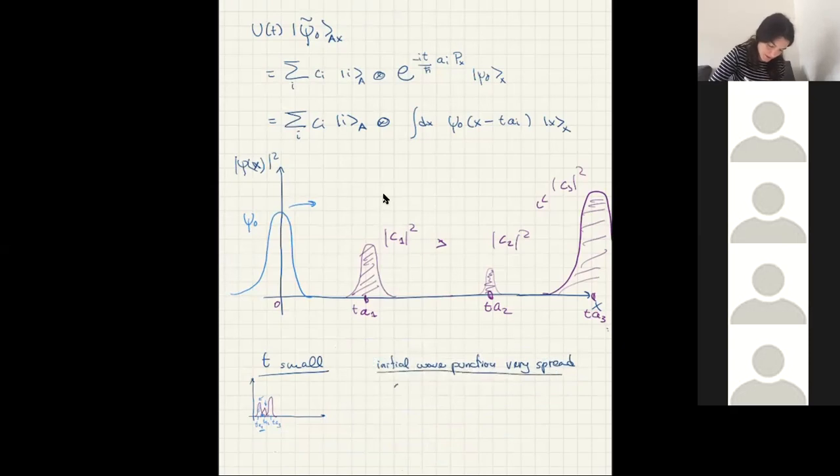In this case, what I mean is that instead of starting with this one like this, we started with a state that is maybe still a Gaussian, I don't know, but it's more spread out.